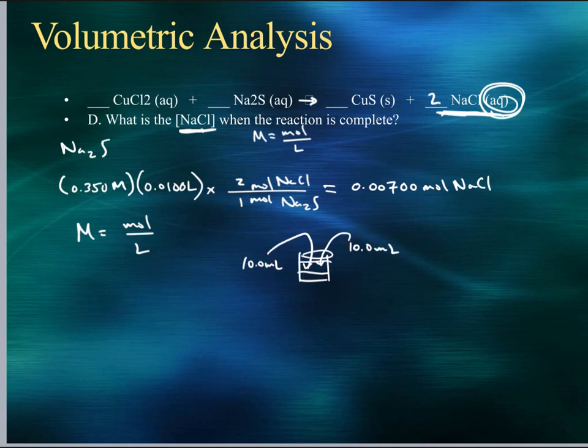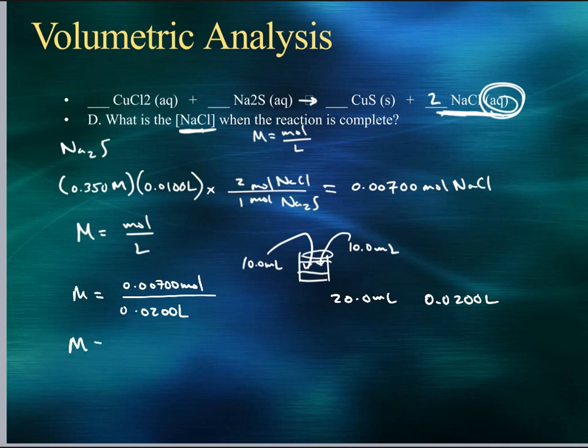We put them together. So setting this up, my number of moles was 0.00700 moles, and my volume, which has got to be in liters again, is 20.0 milliliters, but that's 0.0200 liters, so that's going to be on the bottom.